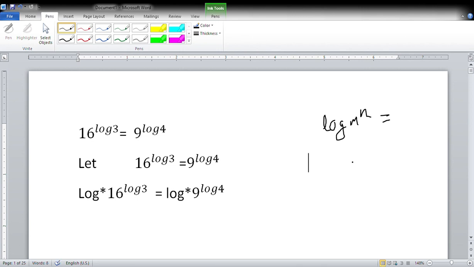Simply we can write n multiplied by log m, right? What is happening is that this n, which is present on the power side of this number, simply comes to the front side. The same thing is happening here.